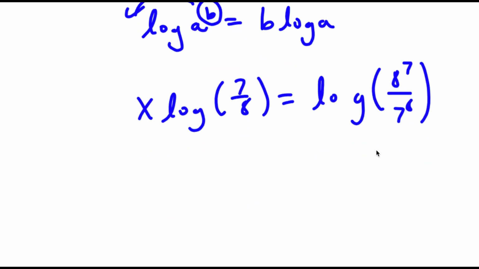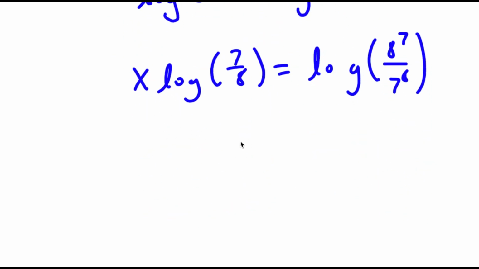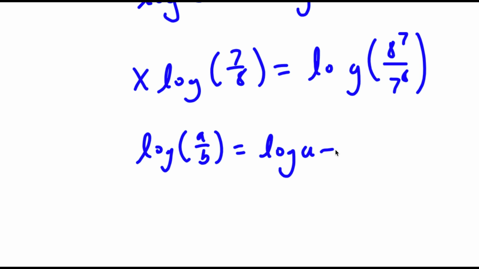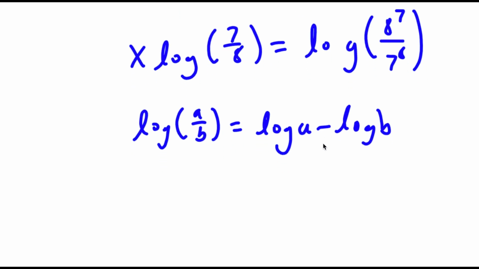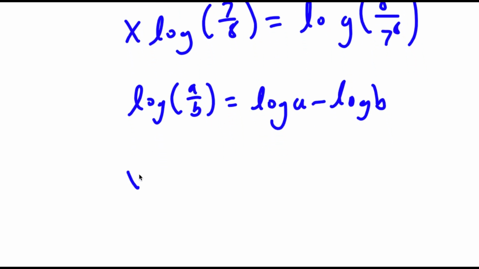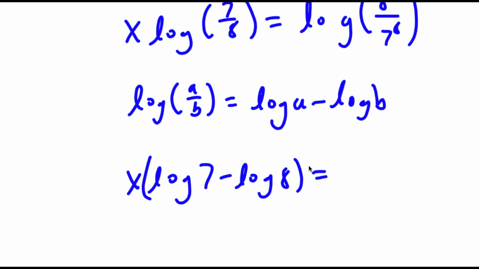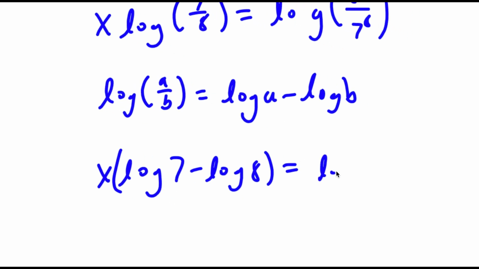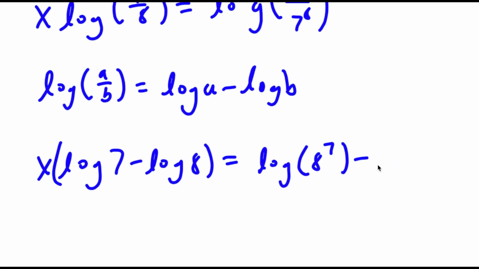Now log of a over b is equal to log a minus log b. So log of 7 over 8 is going to equal log of 7 minus log 8, which is equal to log of 8 to the power 7 minus log of 7 to the power of 8.